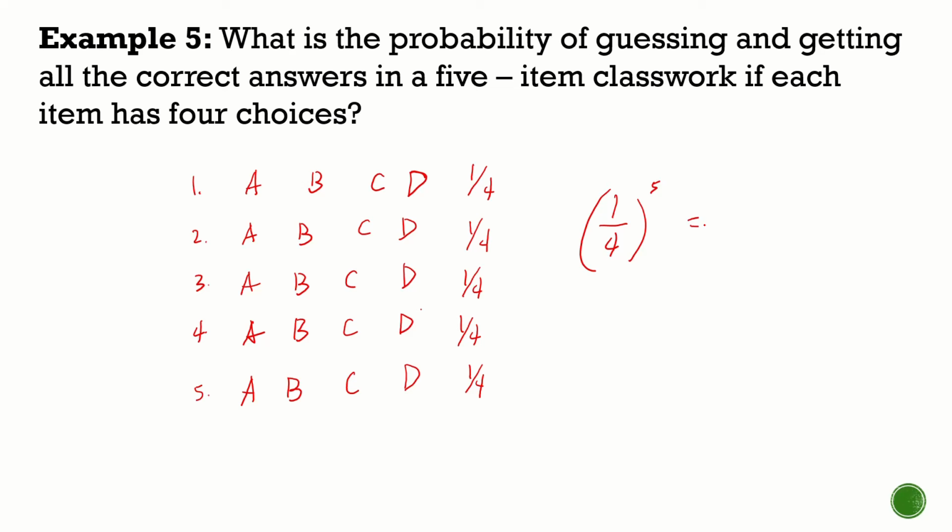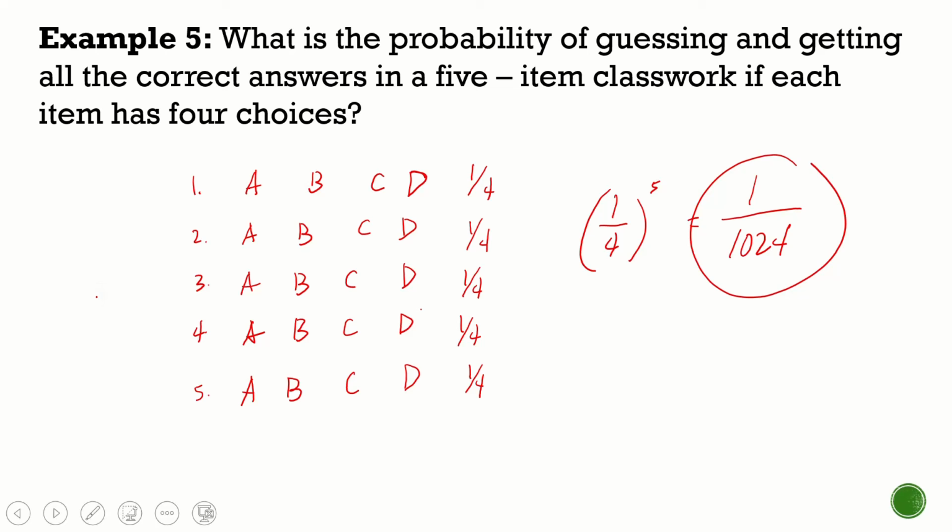So 4 raised to 5 equals 1024. So this is 1 over 1024. So the probability of getting a correct answer or 100% in all of the questions if you answer a 5-item classwork is actually less than 1%. That is if you will guess.